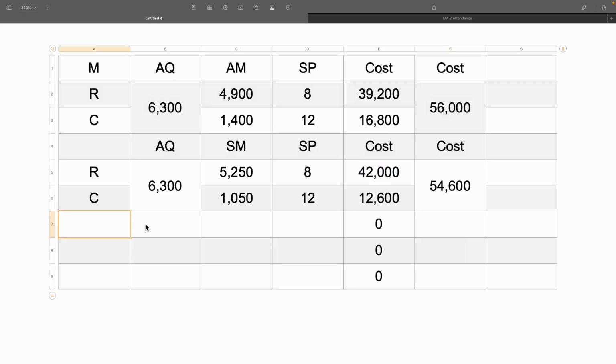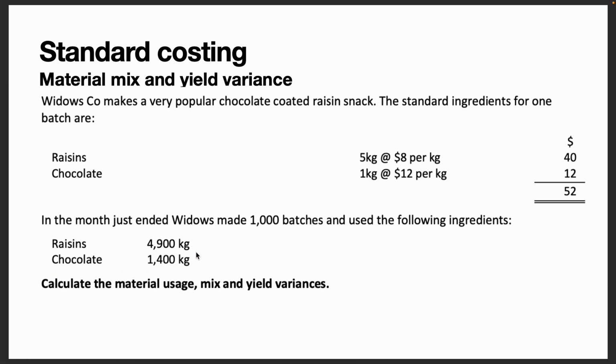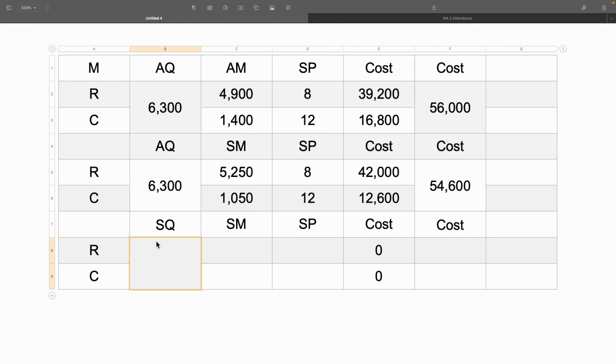Then the last one comes up. Standard quantity, standard mix, standard price. So if you made 1,000 batch, you're supposed to use 6,000 kg.